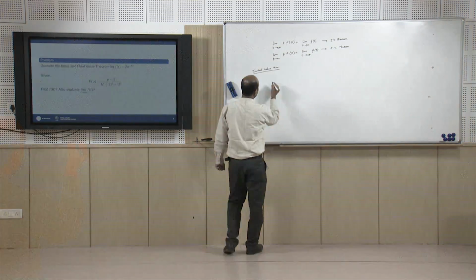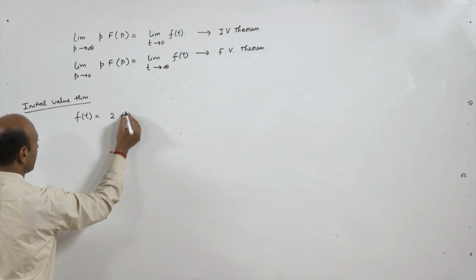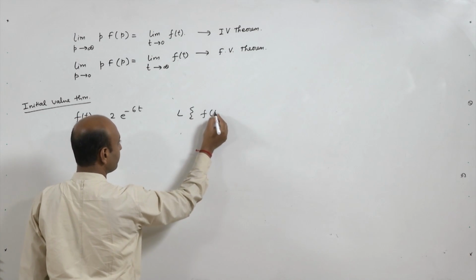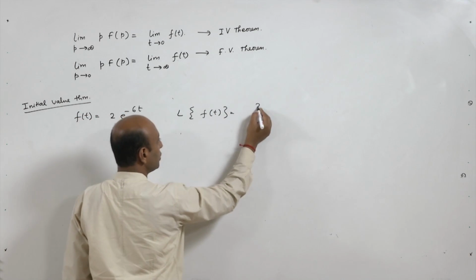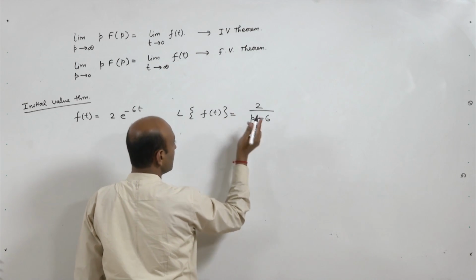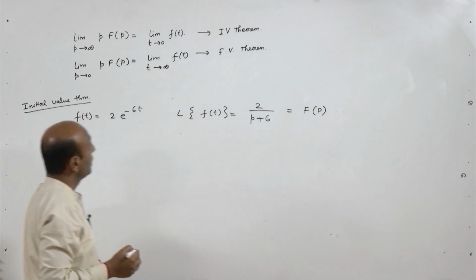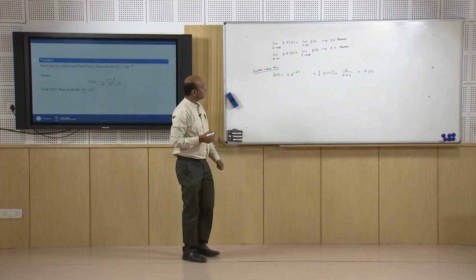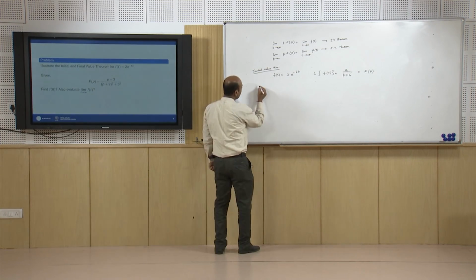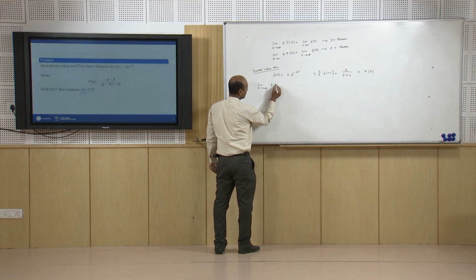So what is f(t)? f(t) is 2 e to the power minus 6t. So what is the Laplace of f(t)? Very simple, it is 2 upon p plus 6. So this we are calling F(p). Now see the initial value theorem. The left hand side of the initial value theorem is limit p tending to infinity p F(p).